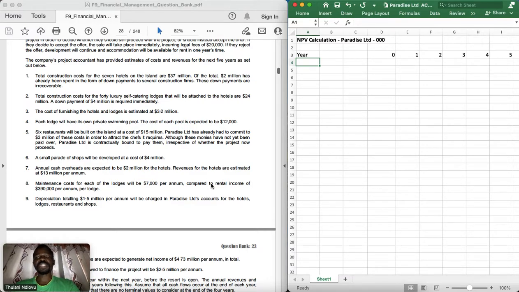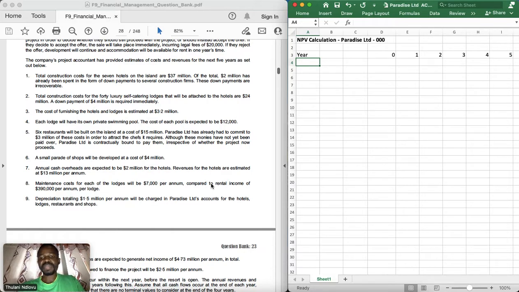Note 3: The cost of furnishing the hotels and lodges is estimated at 3.2 million. Note 4: Each lodge will have its own private swimming pool. The cost of each pool is expected to be 12,000.